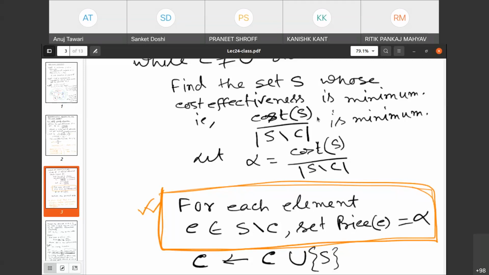So what you are saying is the cardinality of S1 union S2 is the sum of the cardinalities of S1 and S2, minus S1 intersection S2. But the cost function may not always follow this particular pattern.